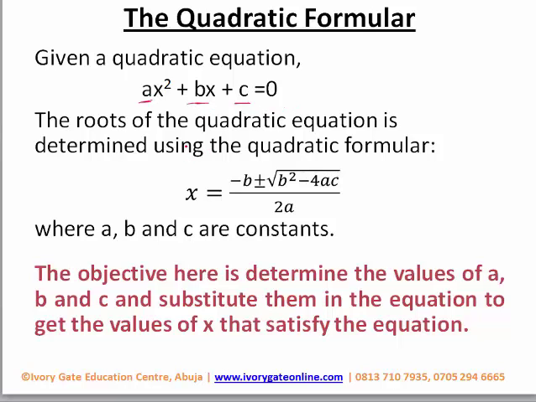This time we want to get a relation, a formula that we will use to solve quadratic equations. Recall that the last time we discussed solution by factorization method, and we informed you that not all quadratic equations can be easily factorized.